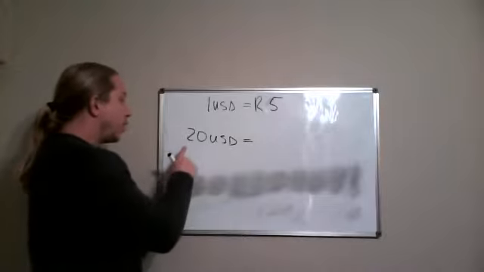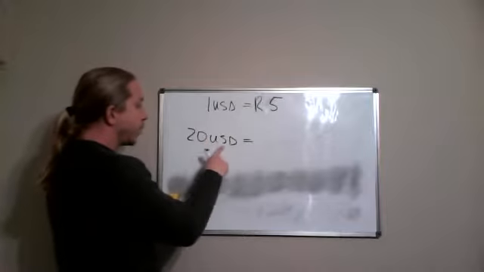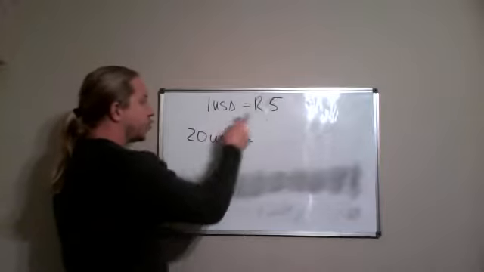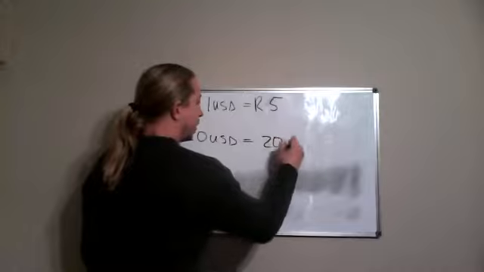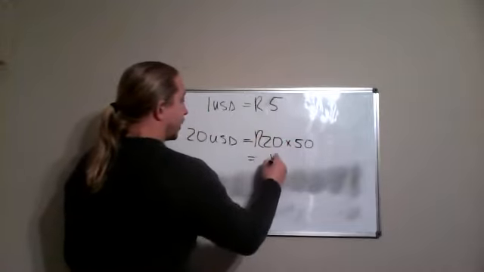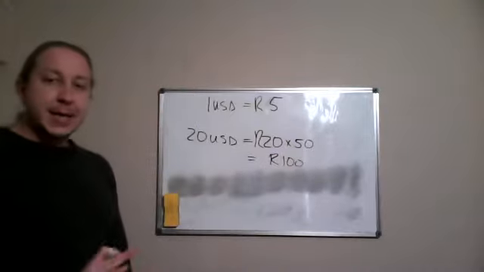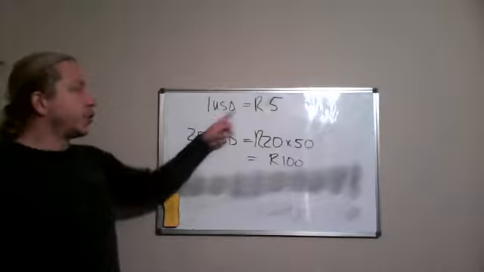Well, we know 1 USD is 5 Rand. We have 20 of them, so it's got to be 20 times 5, which is 100 Rand. So that's the easy conversion, when it's already done for you.